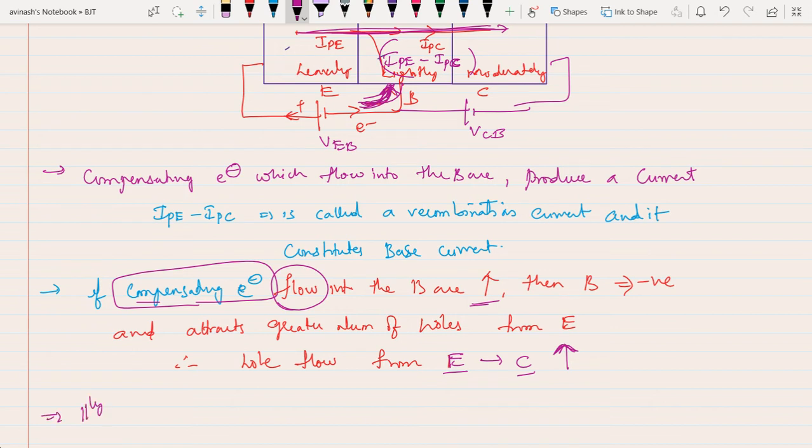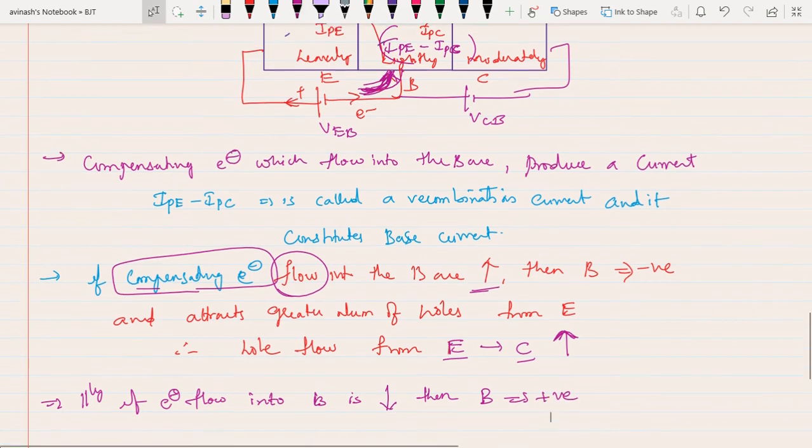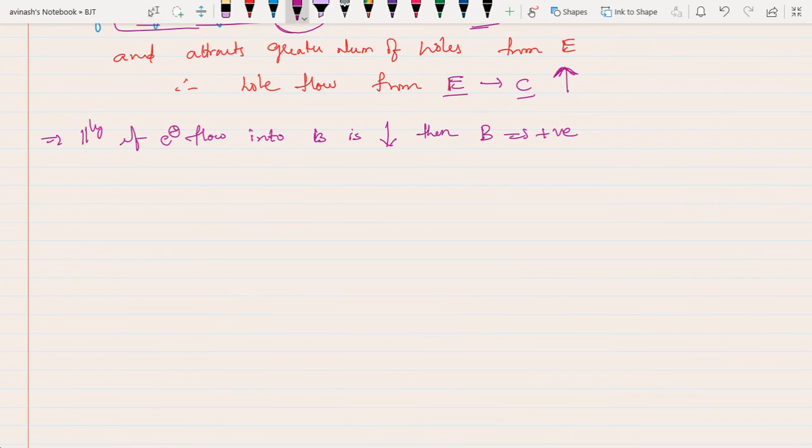Similarly, if the electron flow into the base is reduced, that is, the compensating electrons are reduced, then the base becomes positive, thereby the whole flow from emitter to collector will be decreasing.